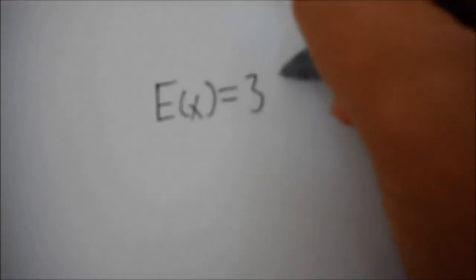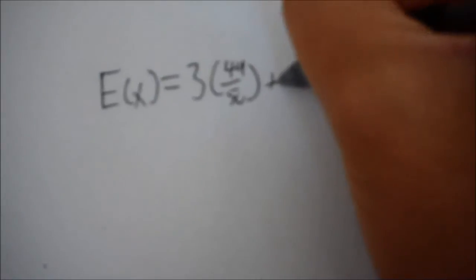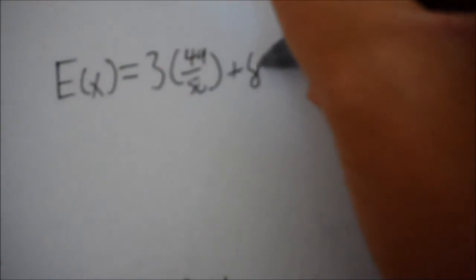Now let's see if my company can expect to make a profit in the long term. So the expected value equals the outcome times the probability that it'll happen plus another outcome and the probability that it happens.